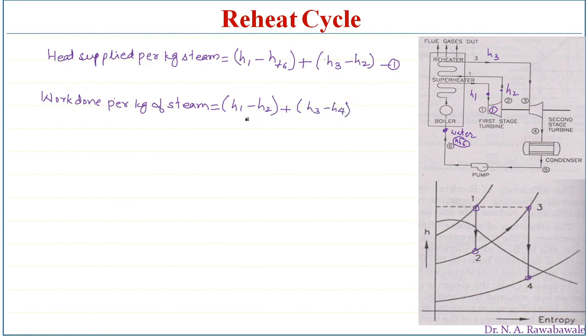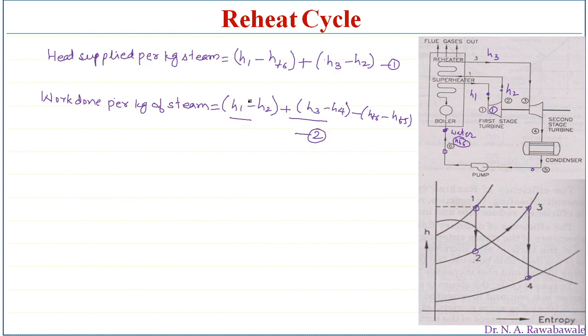This is the work output in two stages. But here the pump is also consuming work from 5 to 6. So this pump work is subtracted. The pump work is HF6 minus HF5, the enthalpy of water at point 5. So equation number 2 gives us the net work produced.